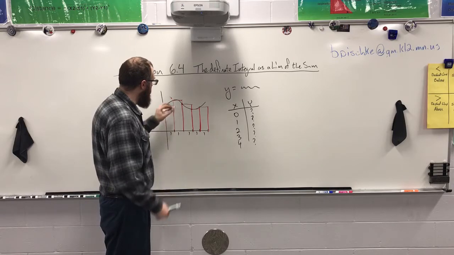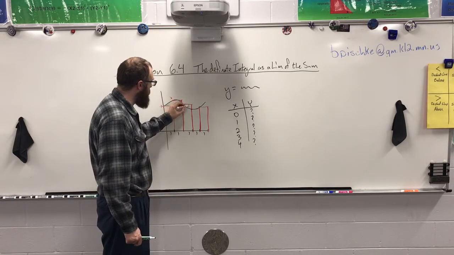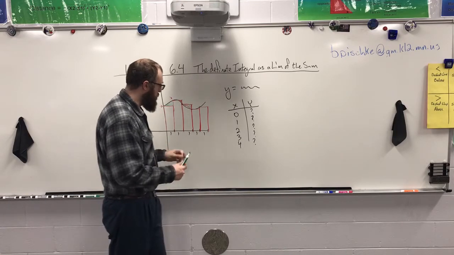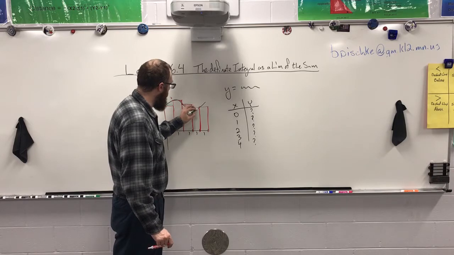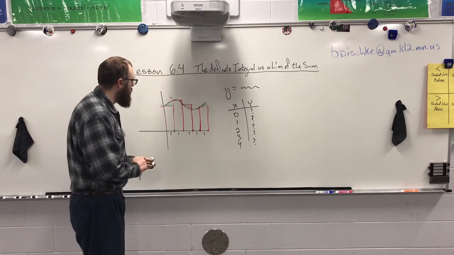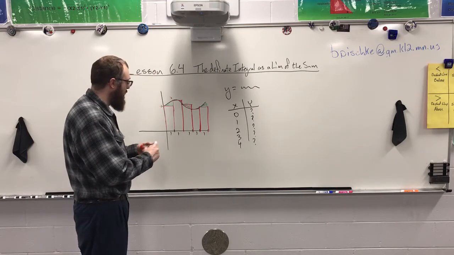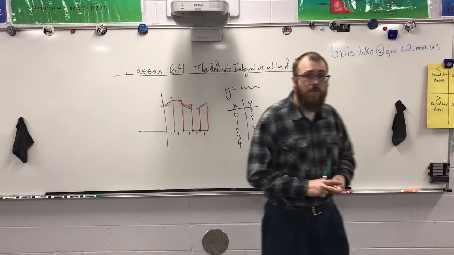However, this space is space under the curve that we gained. This space we gained. This space we lost, and this space we lost. So we have some loss and some gain in our curve in between these zones.